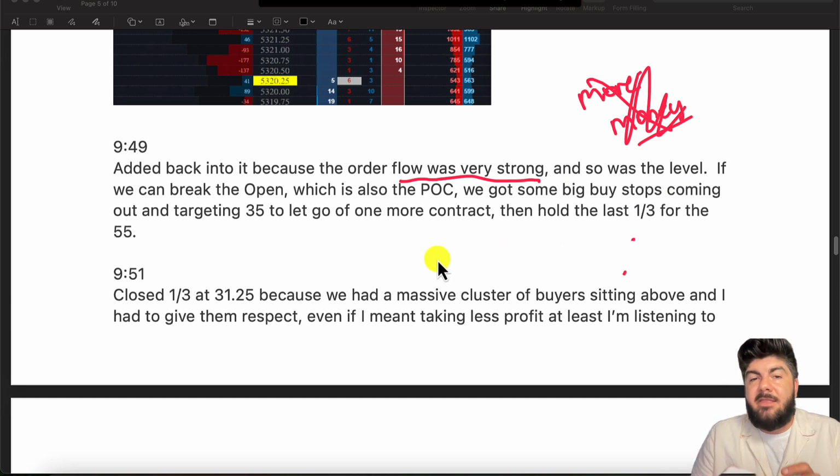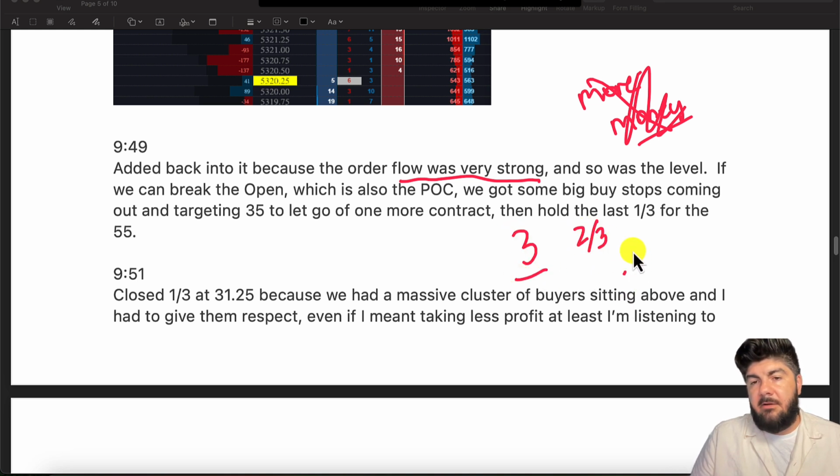So I said if we could break the open, which is also the point of control, we got some big buy stops coming out and targeting 35 to let go of one more contract, then hold the last third for the 55. So basically what I'm doing here is I had 3 contracts. All right. I sold 2/3 down to 1 contract, and then I added 2 more contracts to get back to 3.